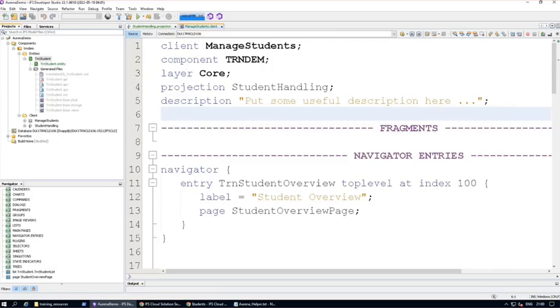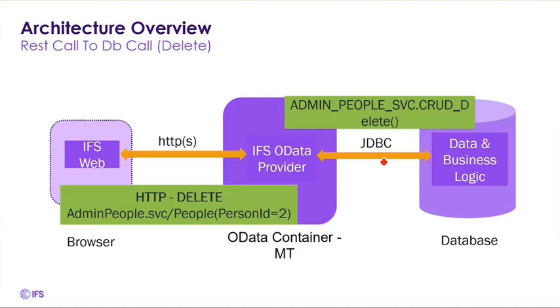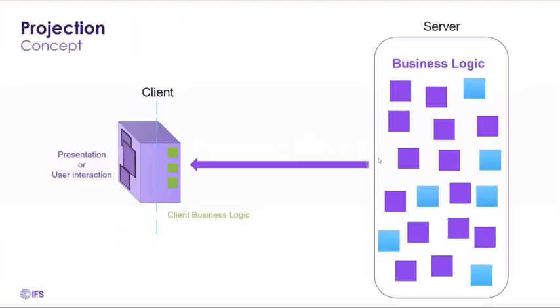All right, everyone. So basically what happens is, if we talk about this projection concept, we have the business logic residing in the database server, right? Which is mostly written in PL SQL packages.